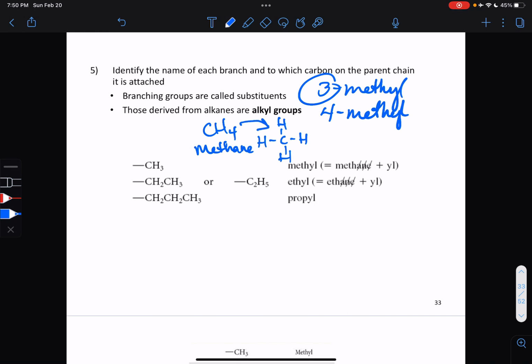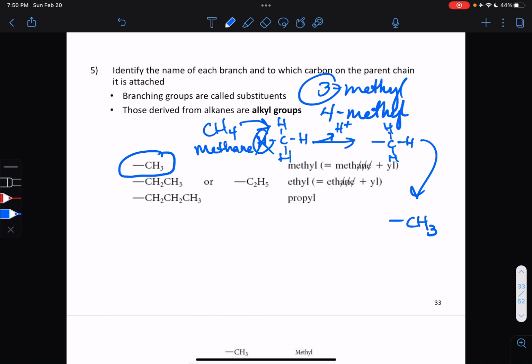Now, if we take one of the hydrogens off, so we rip that off, it says bye, and we're left with this right here, which is also symbolized like this, which you can see right here.